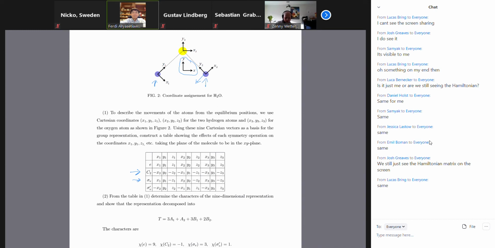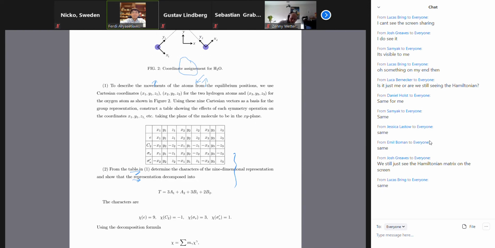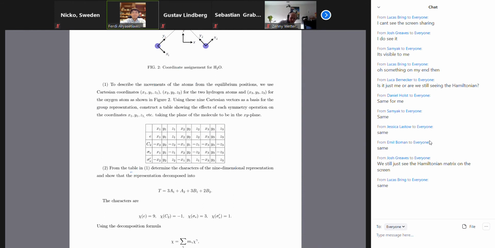Okay, so we have this table here. I think that's similar to what we did before in the second problem. Now we can decompose the representations. We have 3 atoms, so 3 by 3, that's 9 basis functions, so it's a 9 by 9 representation. We can decompose that by first calculating the characters, which can be read off from this table.